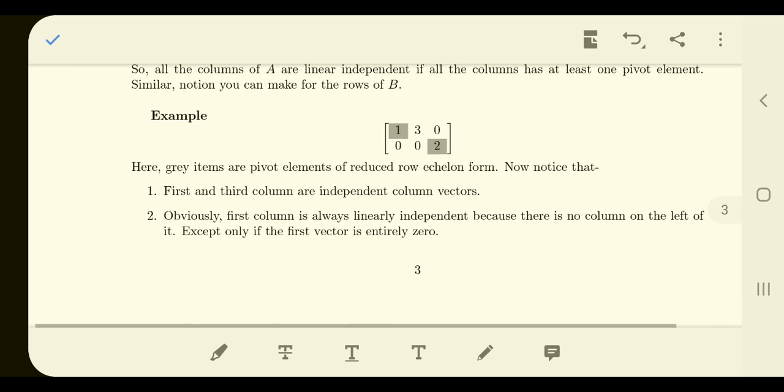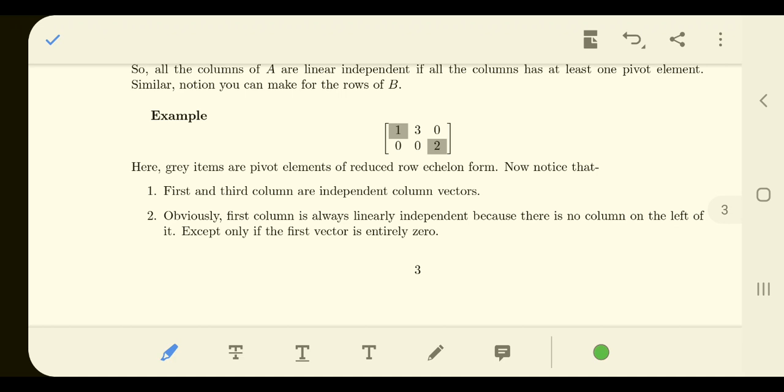Now you can see this particular example to understand this behavior. You can see the first column has a pivot. The first column will always have a pivot because it has certain elements, and because Gauss elimination works downwards, the first element will work as the pivot.